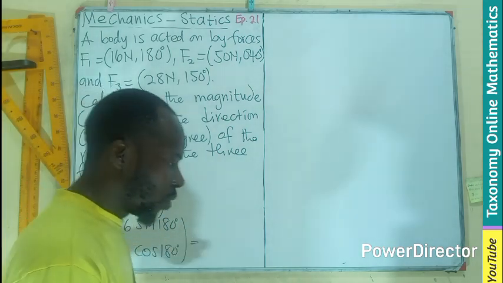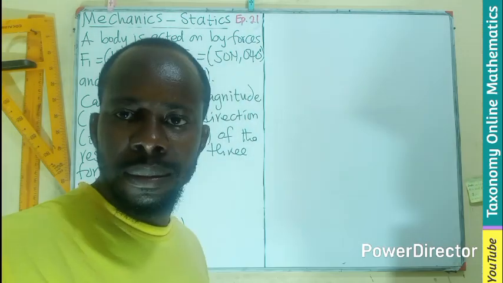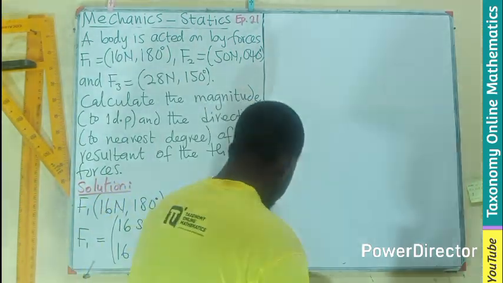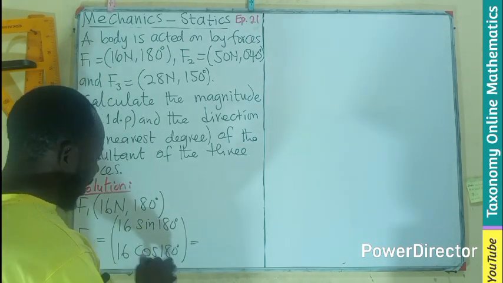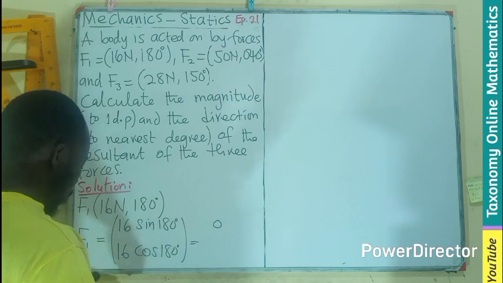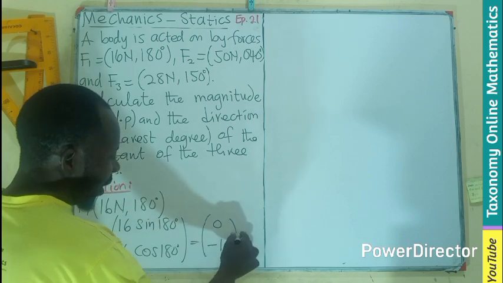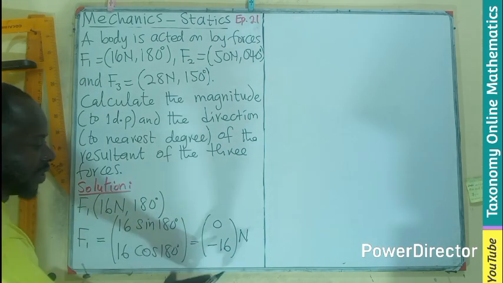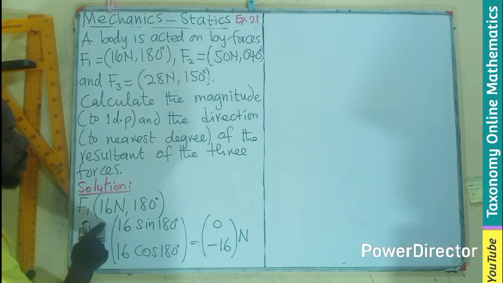Then we compute this in our calculator. Sine 180 is 0, so the component here will be 0. Cos 180 gives you negative 1, so we have negative 16. Then we add the unit to it. So this is the vector column form of this force.